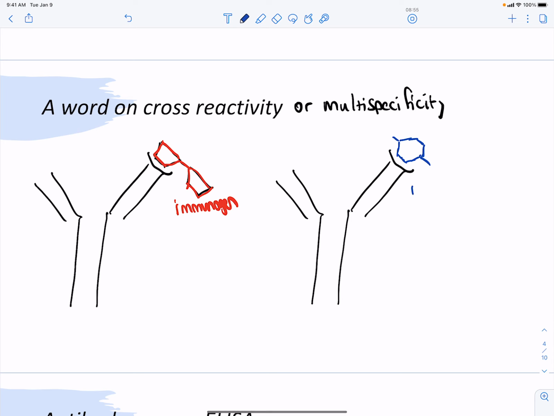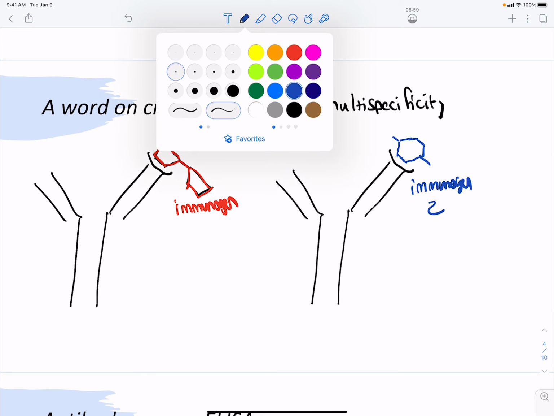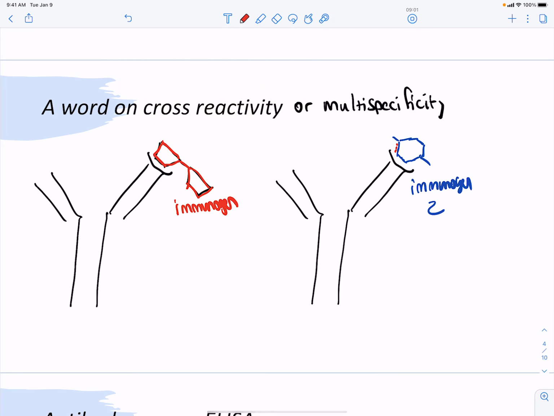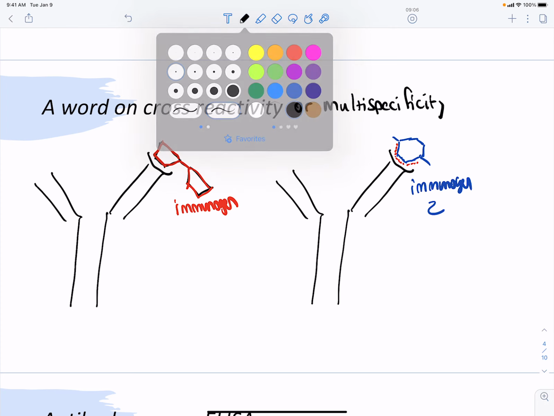This will be immunogen 2, and it looks similar enough to immunogen 1 that it can bind to the same antibody.